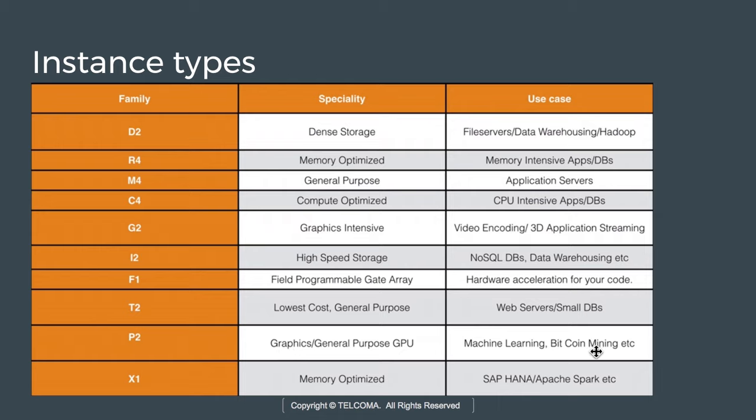For graphics P2, machine learning, Bitcoin mining; low cost and general purpose T2, web services and small databases; F1, FPGAs, hardware accelerator for your code; I2 high speed storage, NoSQL, data warehousing; graphics intensive video encoding, 3D application streaming; compute optimized CPU intensive apps; general purpose M4 application servers; R4 memory optimized memory intensive apps; dense storage, data warehousing, Hadoop, etc.